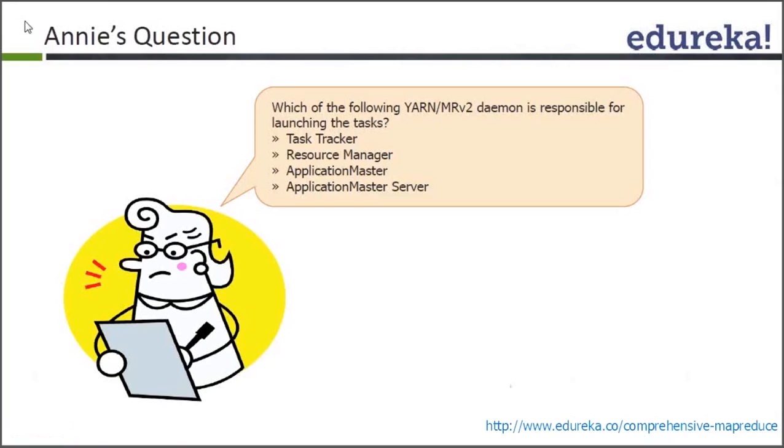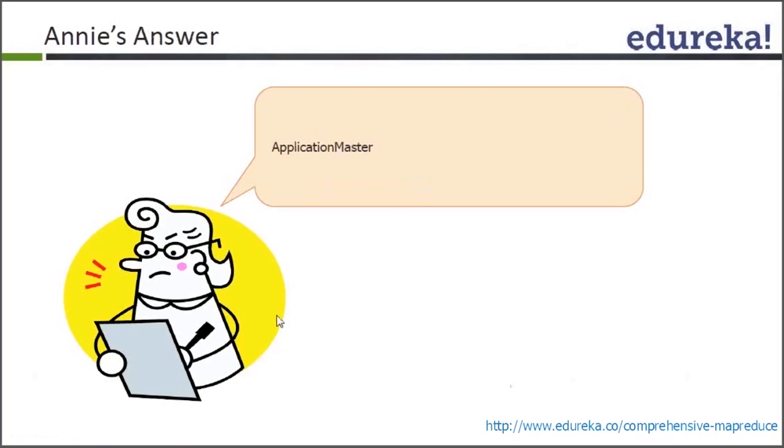Who is responsible for launching the map and the reduce task? He will talk to the resource manager, but then who will say that you have to actually launch it? So, responsible for launching the task, not responsible for telling which task to launch. The actual answer is the application master.